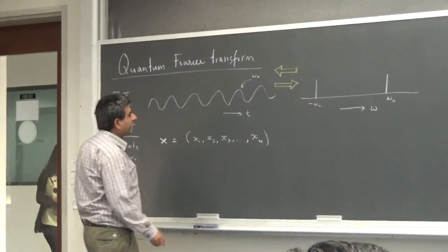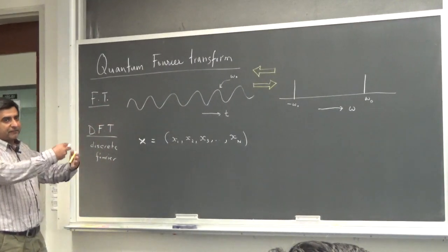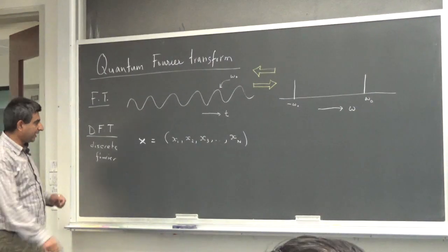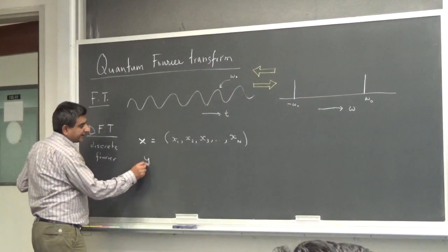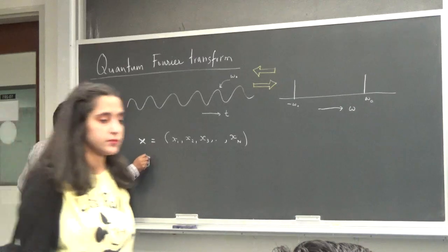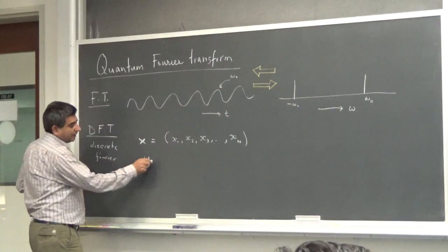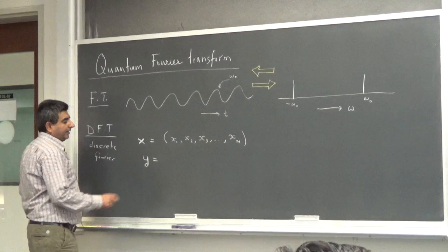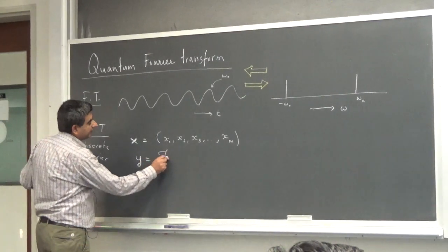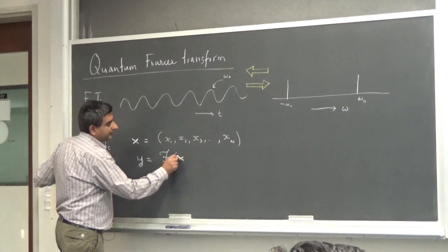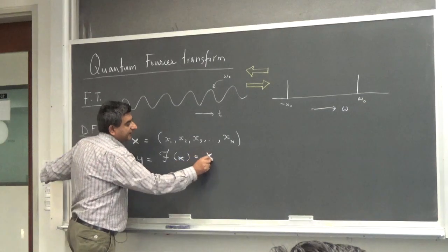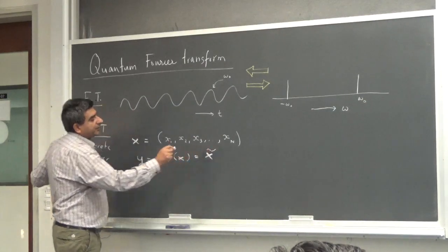Now, if I were to find out the Fourier transform, the discrete Fourier transform of this x, let's say that that is represented by y. So y is the discrete Fourier transform of x. Sometimes it's given the same symbol and you put a tilde on top of it.